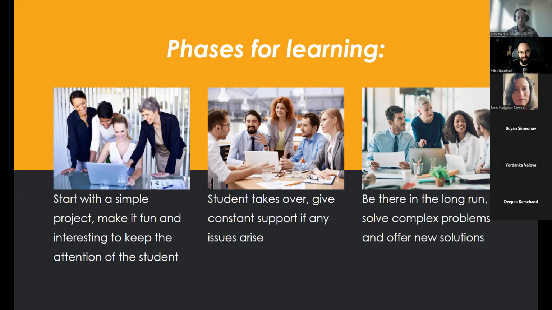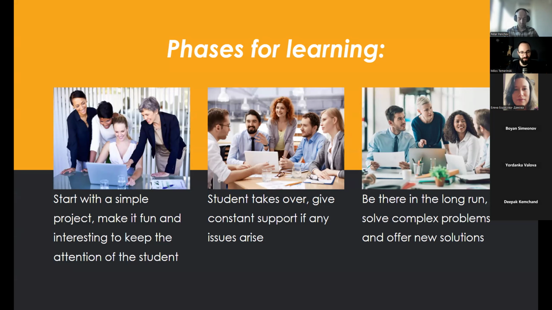So first is start with a simple project, make it fun and interesting, and keep the attention of the student. The next phase is the student takes over and you just give constant support if any issues arise. And then the final phase is being there in the long run, solving complex problems and offering new solutions.